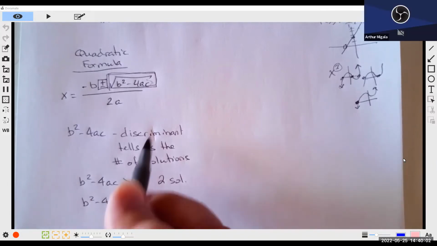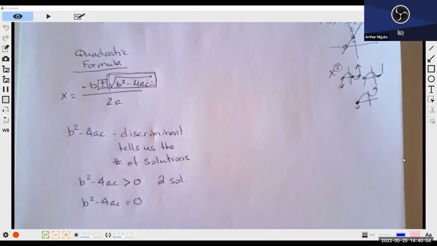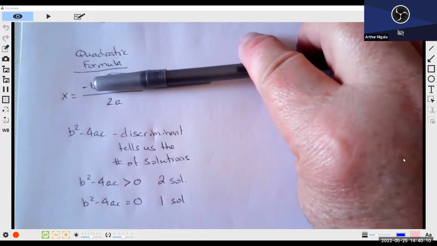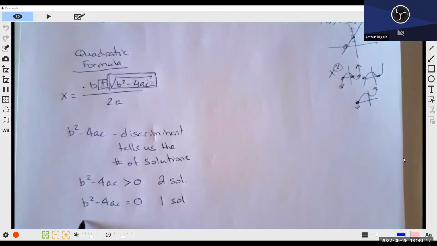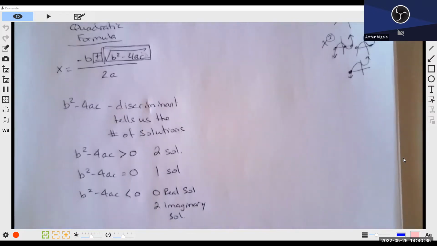If what's inside the radical equals 0, we're only going to have 1 solution because all this stuff disappears, so we just have negative b over 2a. And if it's negative, we're going to have no real solutions, but we'll have 2 imaginary solutions.